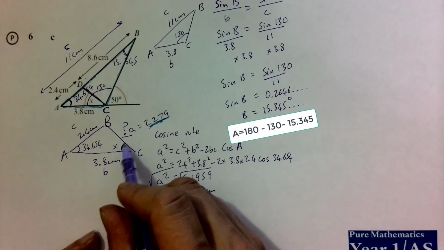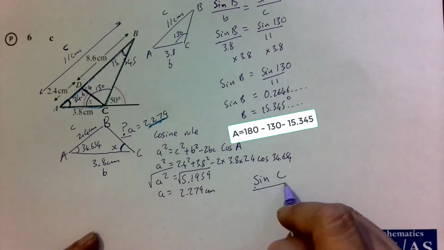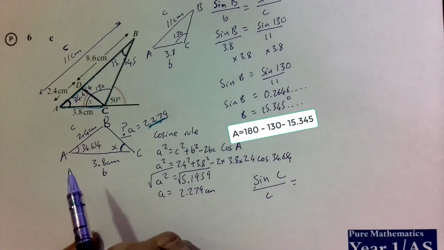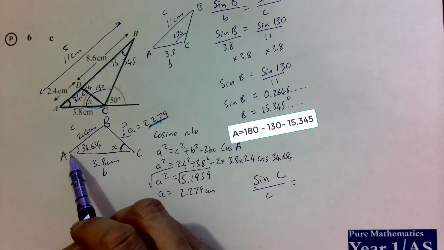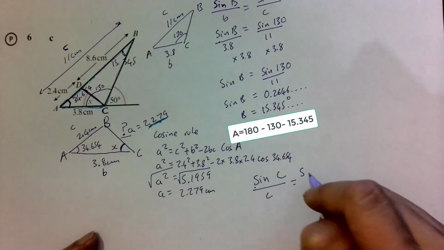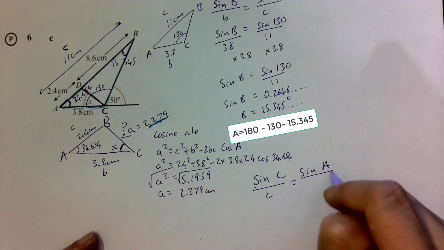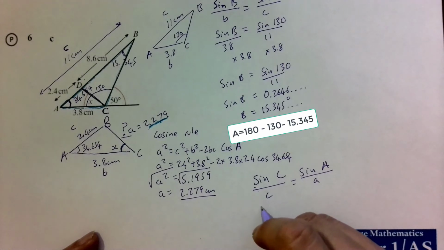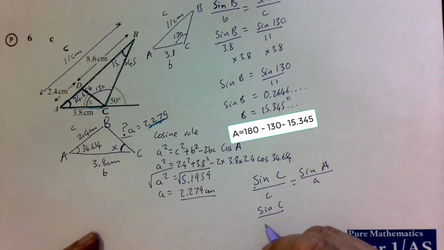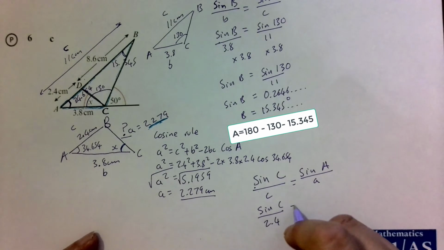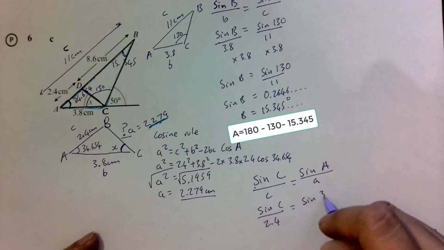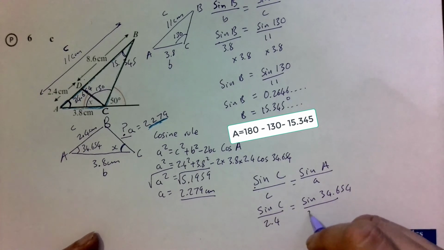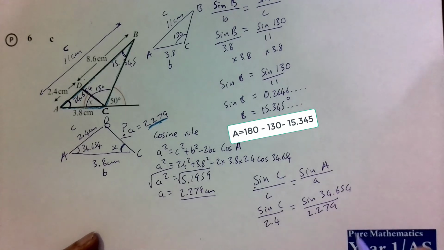X, this will be sine C over little c equals, we've got angle A, sine A over little a, which we have right now. So we sub those values in. Sine C over 2.4 equals sine 34.654 over little a, which is 2.279.